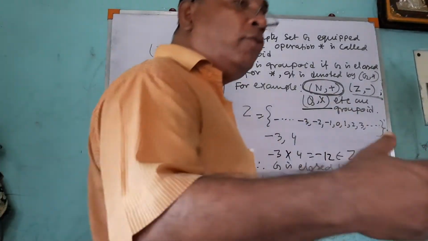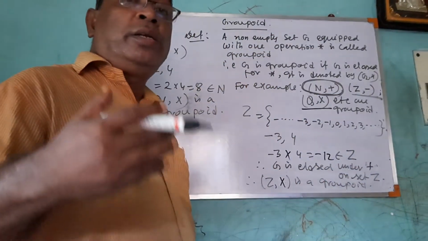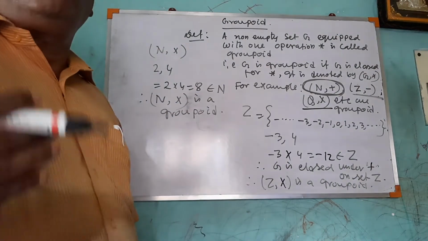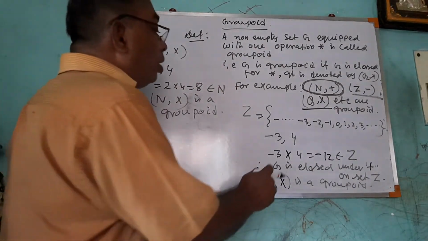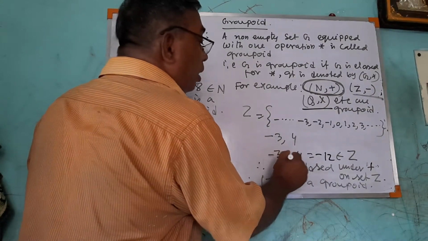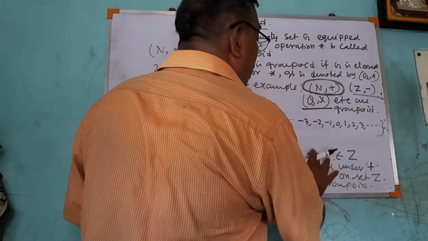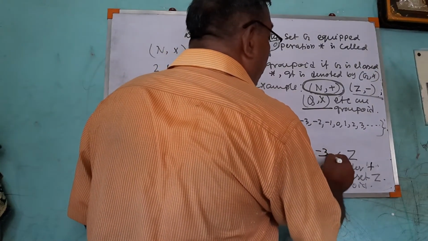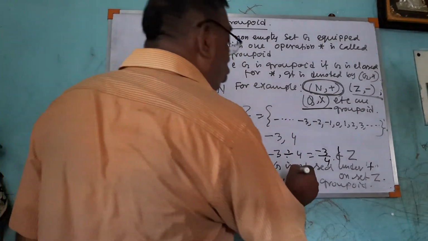Now you can check whether Z division is a groupoid or not. You have to check by this way. Take the divide sign here, that is minus 3 by 4. This does not belong to Z. So Z is not closed.